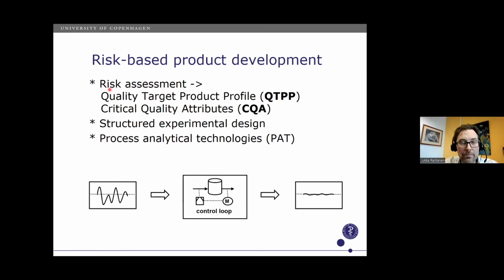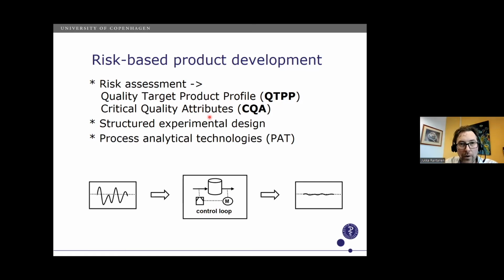And this starts by doing the quality target product profile, QTPP, where you structure the elements of the product that you want to build in there. Those elements can then be described with critical quality attributes. For example, for an immediate release tablet, this could be the disintegration time. That would be a critical quality attribute.